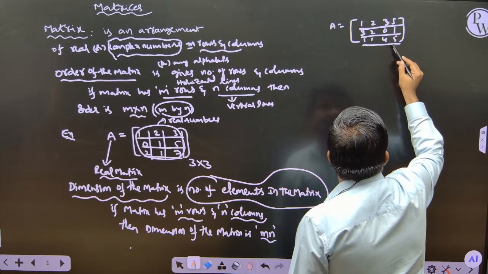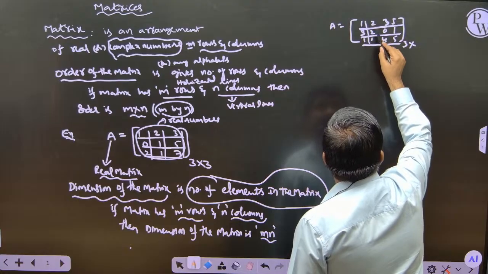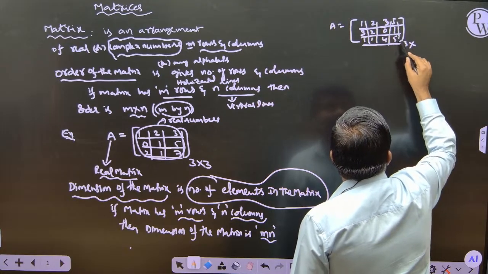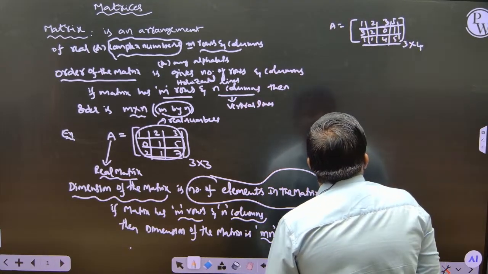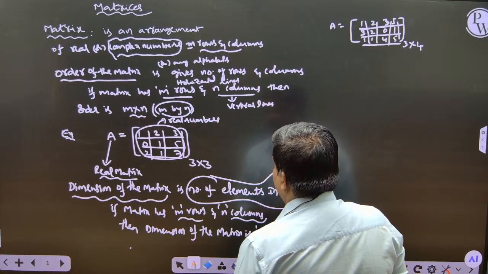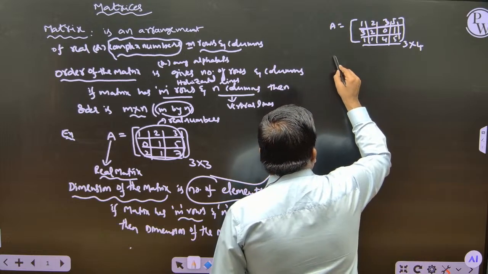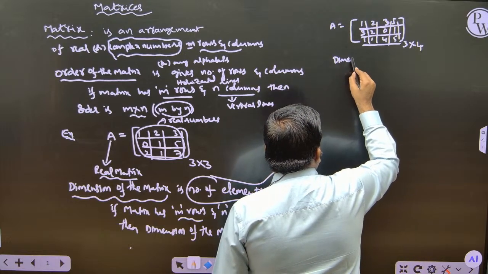How many horizontal lines are there? 3. By columns, 4. So that's why the matrix is a 3 by 4 matrix. It has 3 rows and 4 columns.